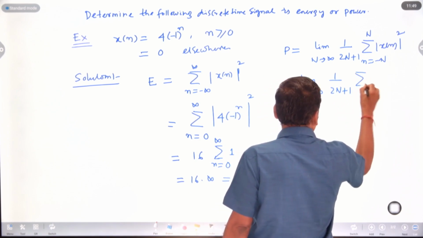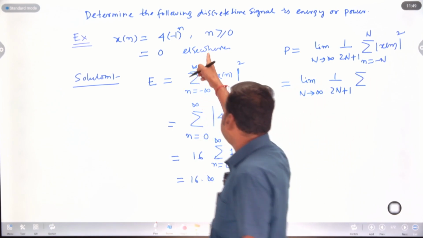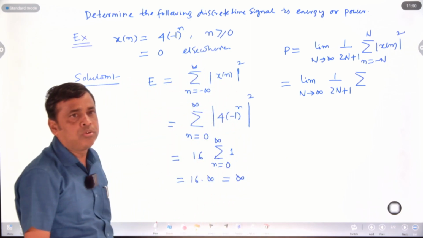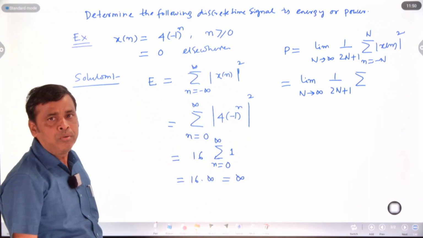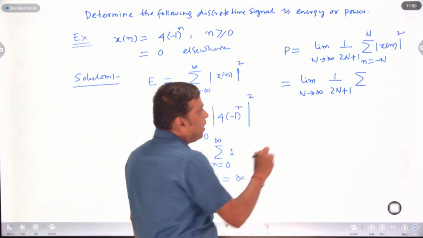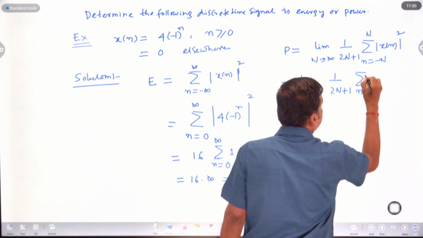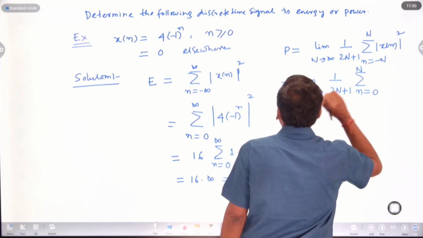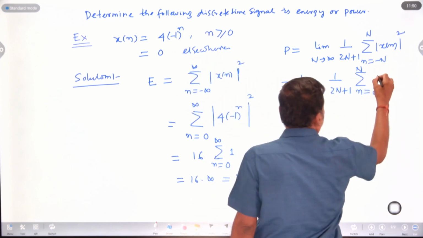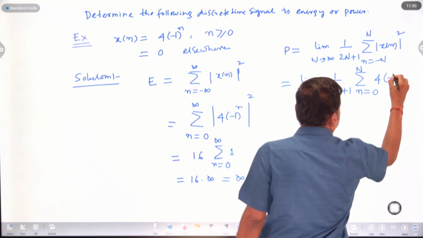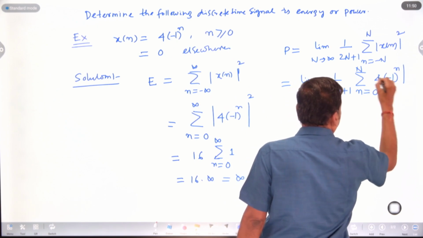Again the limit will change, because the sequence exists for n greater than or equal to 0, that is n equal to 0 to infinity. So the limit becomes 0 to n of x of n, and in place of x of n you will put 4 times minus 1 to the power n, squared.